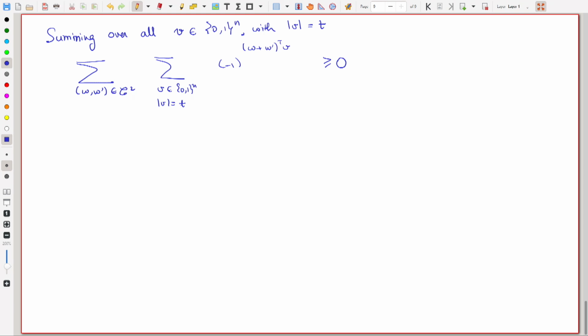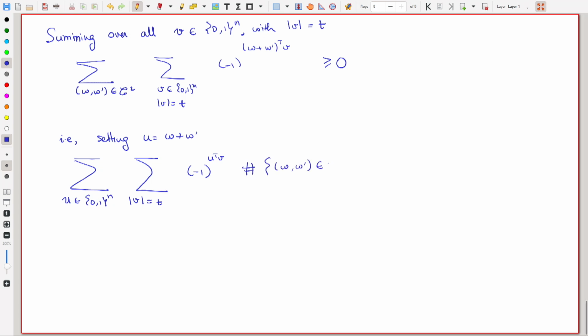Now, what we will do is we will group this according to the sum w plus w'. So, setting u equals w plus w', we can write this as a sum over u in {0,1}^n, and then sum over v with Hamming weight t, and now this is just minus 1 raised to u transpose v, but then we must count the number of pairs w, w' in C such that w plus w' is equal to u.